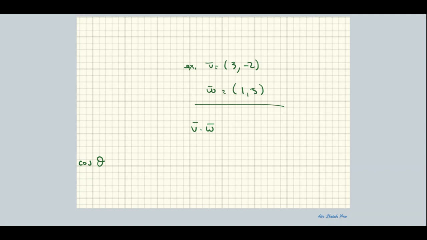What is it? v dot w, guys? You're so close, Danny. Yeah, you have to multiply them. That's right. Do you see Geraldo's answer? See the difference? Yeah, Geraldo's right.